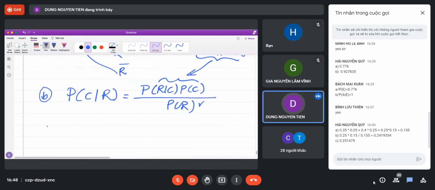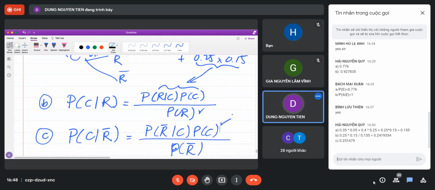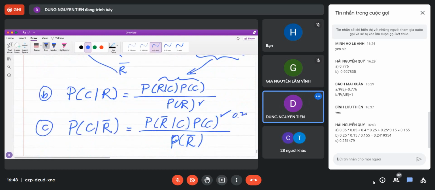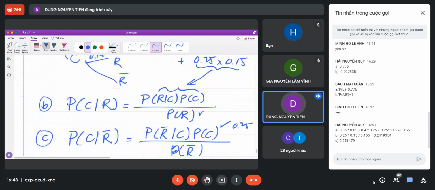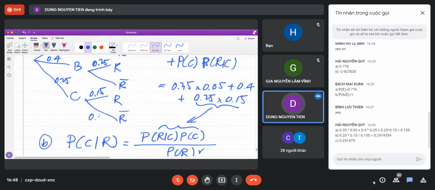For question C, you want to find the probability of C given R bar because you observe no cost overrun. So you get this probability, and that is the conditional probability of R bar given C times the probability of C over the probability of R bar. Probability of C is given, right? That is 0.25. For the probability of R bar given C, it is 85% here, right?